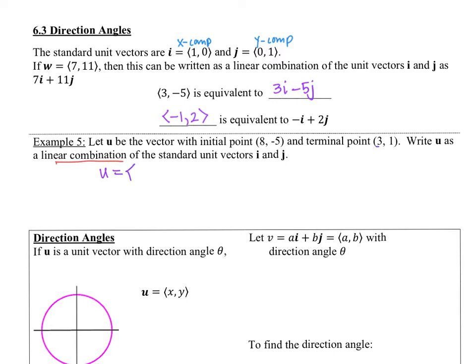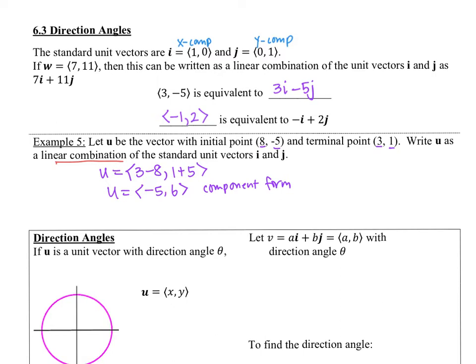So in component form, it's terminal x minus initial x. And I would not show this step except it's your notes. Terminal y minus initial y, 1 plus 5. So ⟨-5, 6⟩, this is component form, which is a great format and it's very useful.